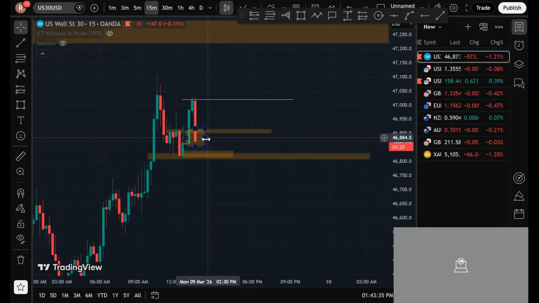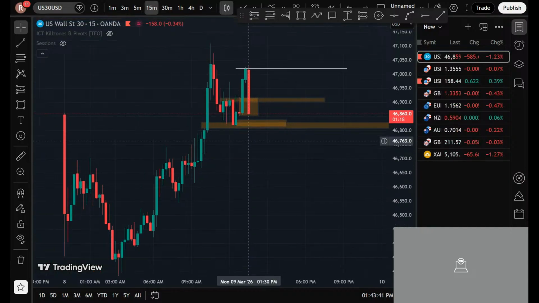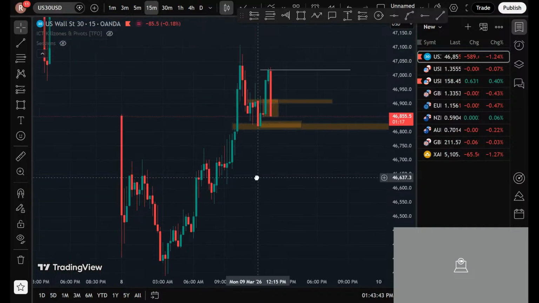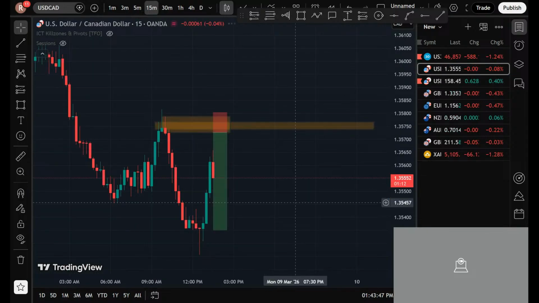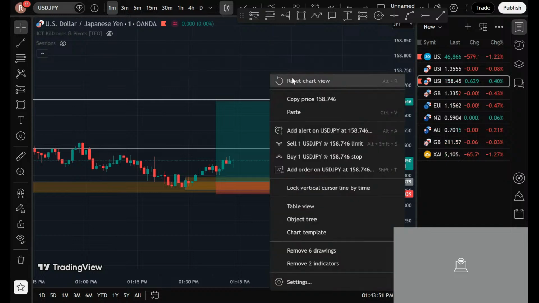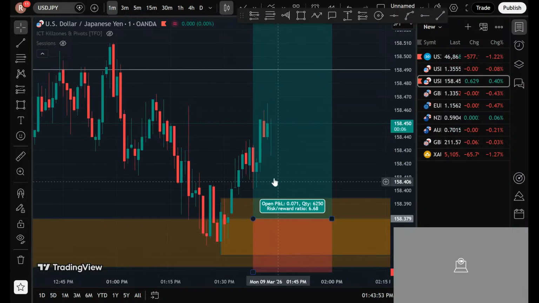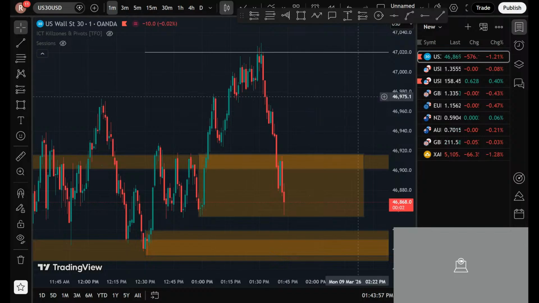And either it's gonna buy from this area or from this area. But I will just wait. Patience is the name of the game. Please, bro, come to my zone. Please tap my zone. Beautiful.